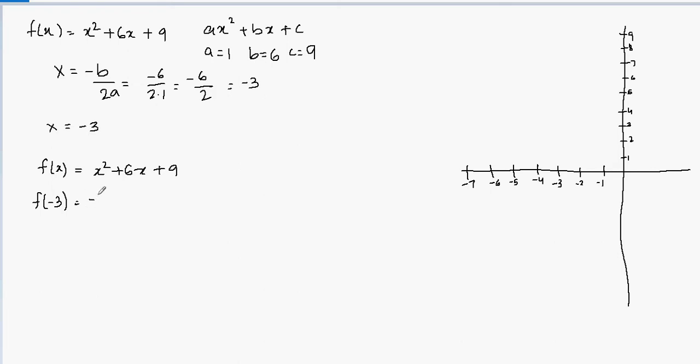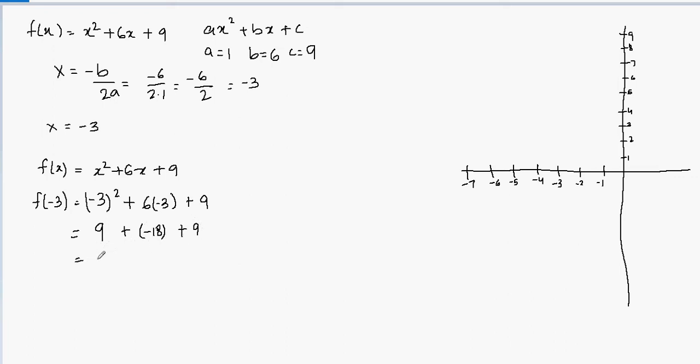So here this will be negative 3 squared plus 6 times negative 3 plus 9. Then negative 3 squared is negative 3 times negative 3, which will make it positive 9, plus 6 times negative 3, which is going to be negative 18. I like to include that in parentheses because I have a negative sign here.